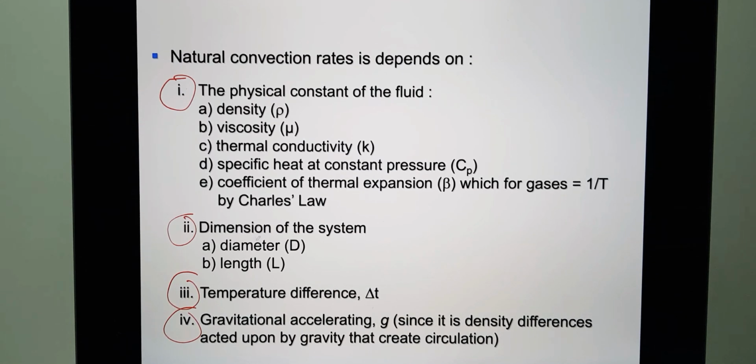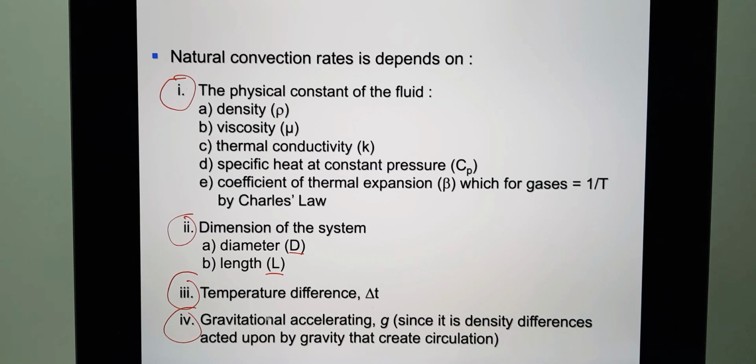The second factor for the natural convection rate, apart from physical constants, is the dimension of the system. This involves the diameter as well as the length of the tubing or the system itself, followed by the temperature difference, delta T, the temperature difference from one side to another.